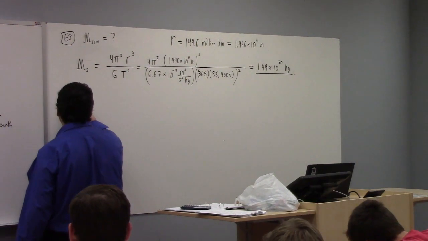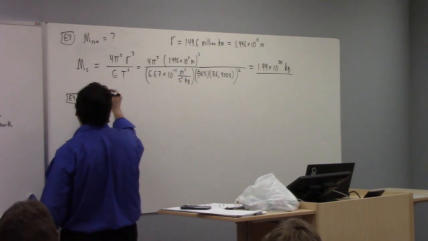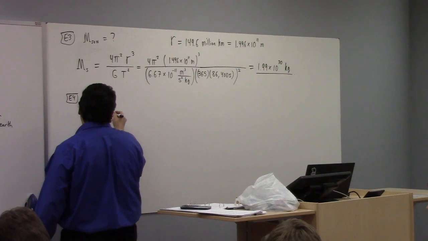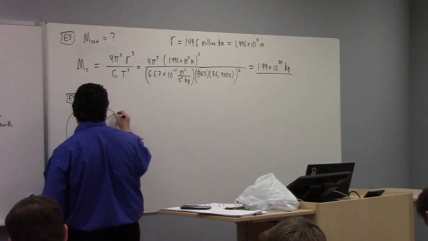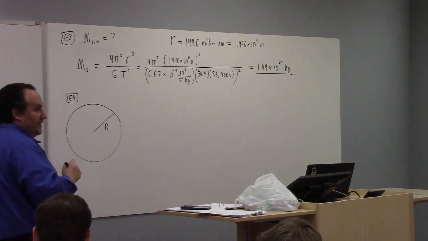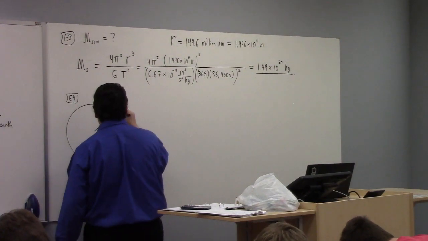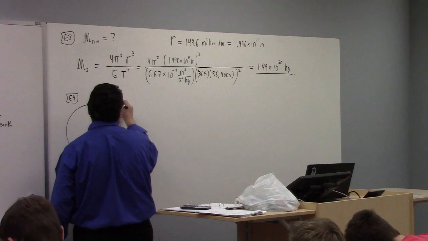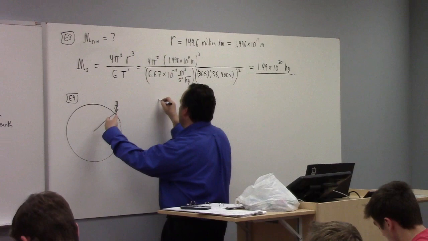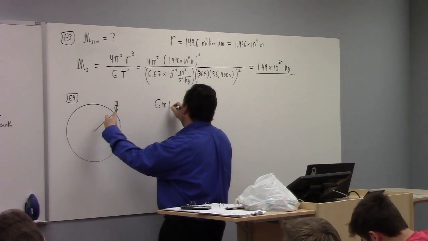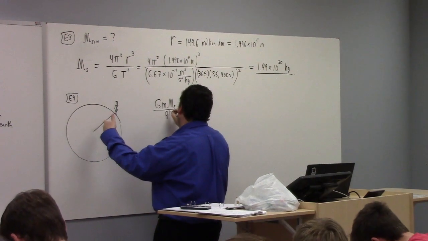So, hypothetical. Let's see here. If we think about the Earth, its radius, let's say, is r. What is the force of gravity on a person? So the force of gravity right at the surface of the Earth is G, mass of the person, mass of the Earth, divided by r squared.